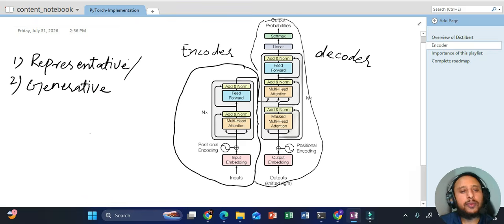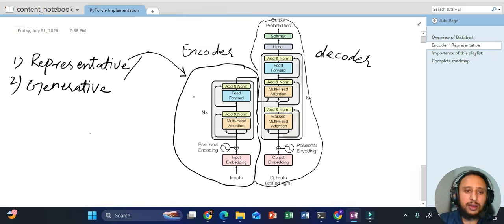Okay, so these representative models are very good at understanding the text, and that is because these are based on the encoder part of the transformers. So it means that the encoder block is very good at understanding the text and the context of the text, basically.